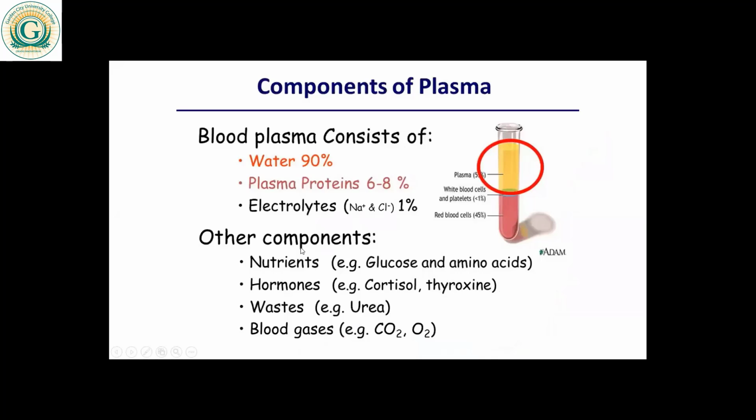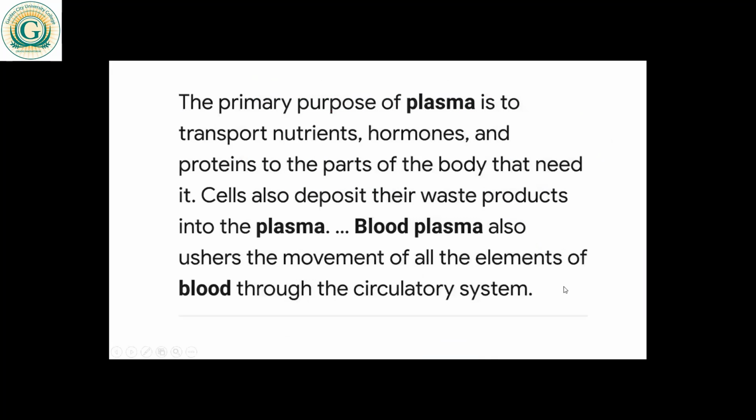So we want to pick up the plasma again. Already I've mentioned that it's 90% water, and water maintains the osmotic pressure in the blood. We also have proteins, electrolytes, the different ionic components of the blood. Aside from that, you have the nutrients, the hormones, the waste, and then the gases. All these are found in the plasma.